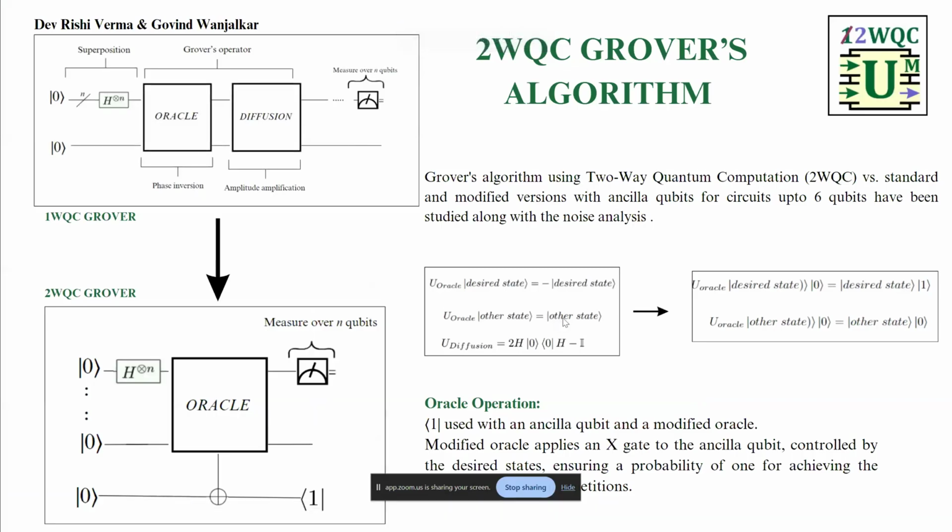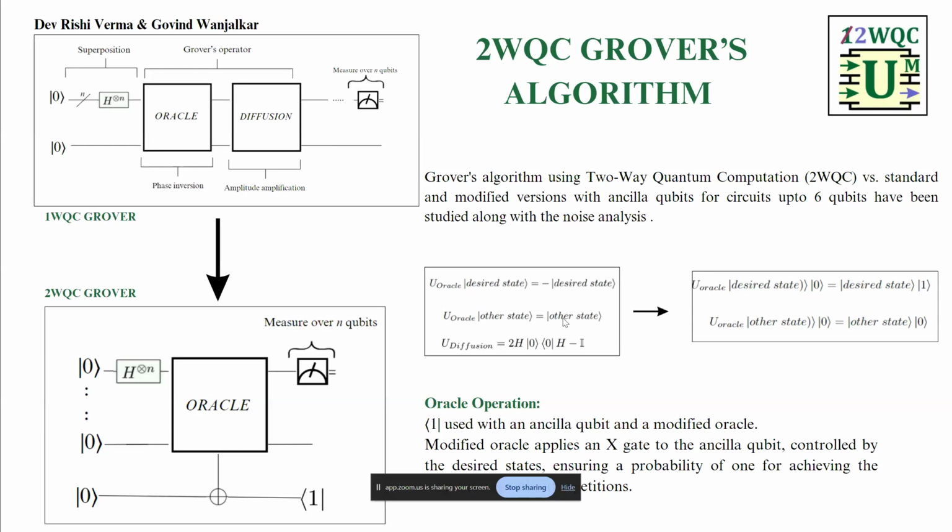So, hi everyone, I'm Govind, and our internship project here is focused on extending this Grover 2WQC approach to a larger number of qubits. The motivation behind this project was basically to test how 2WQC performs with increasing number of qubits and some imperfections, basically the noise in the environment.